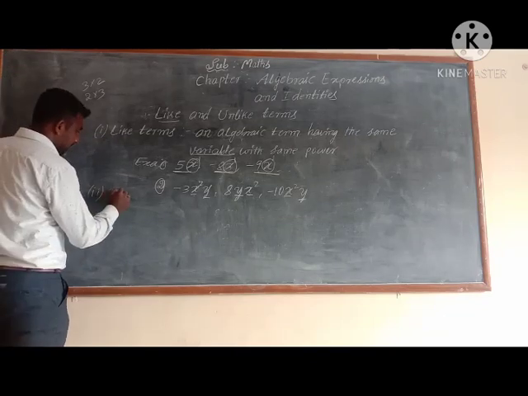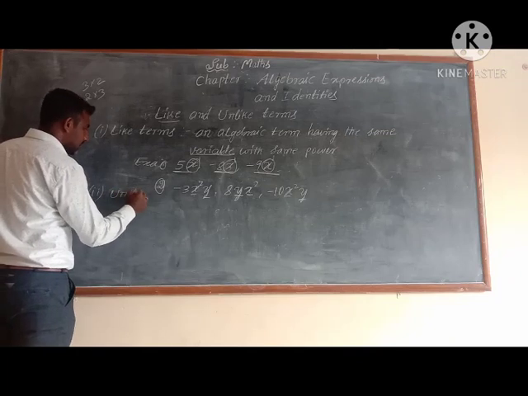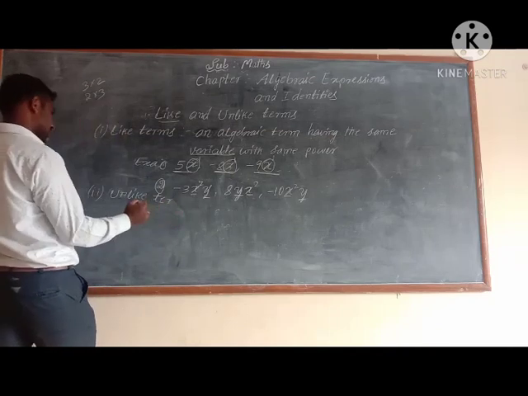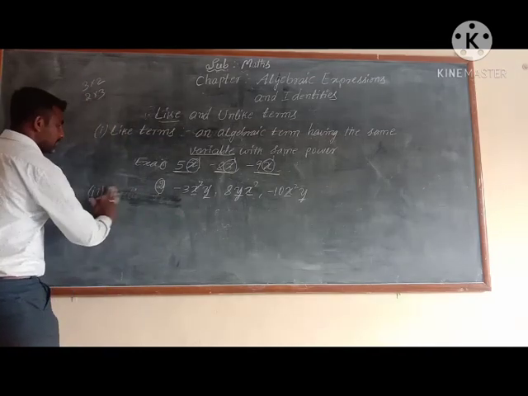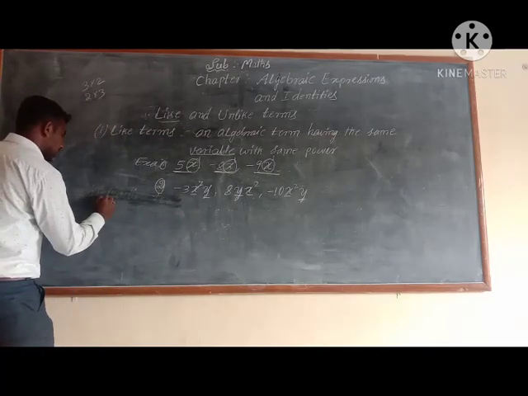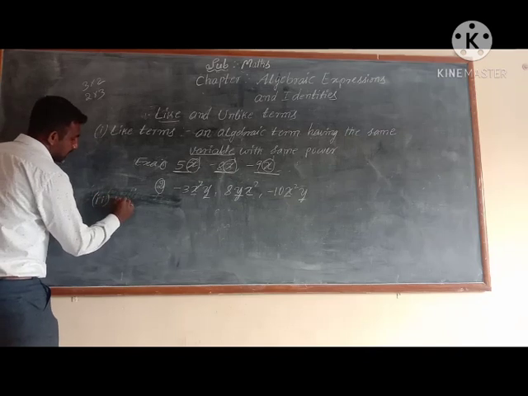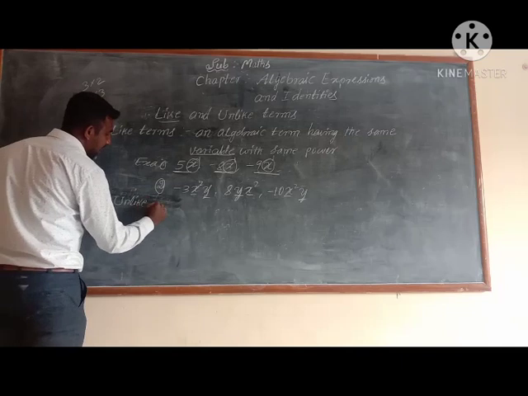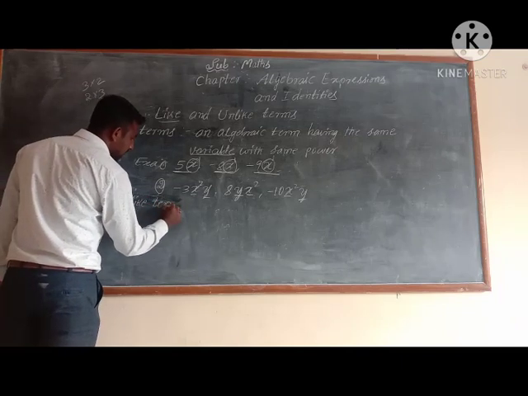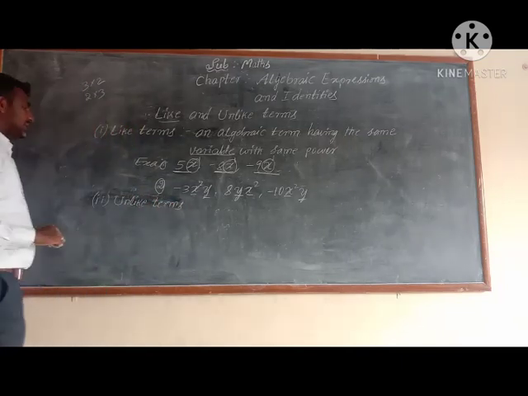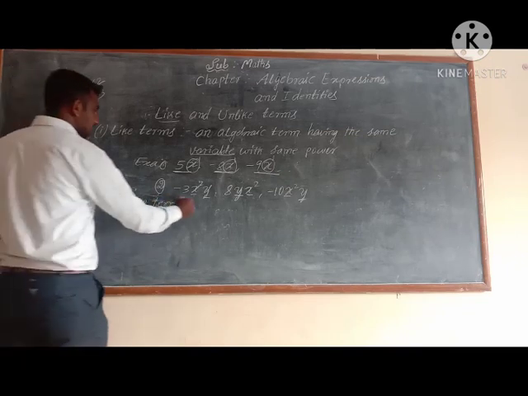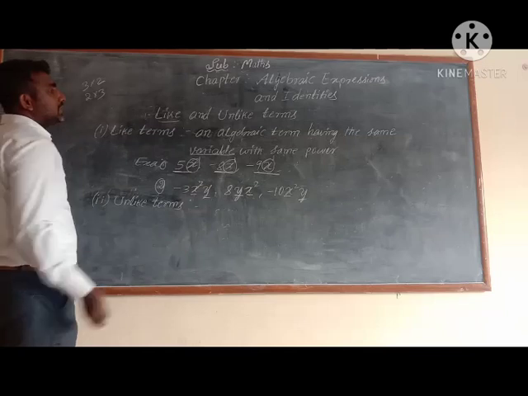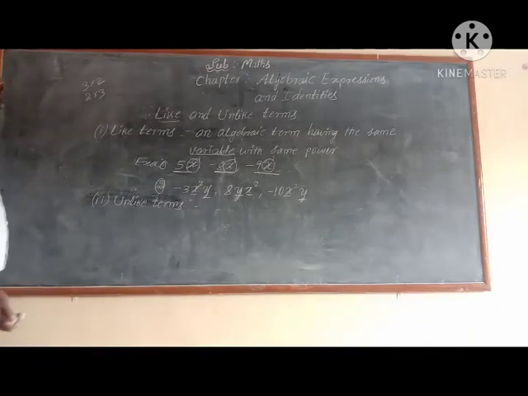The second kind is unlike terms. We can easily define them: they are the opposite of like terms.